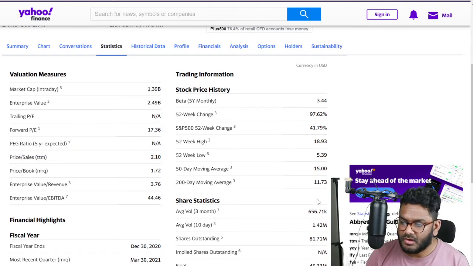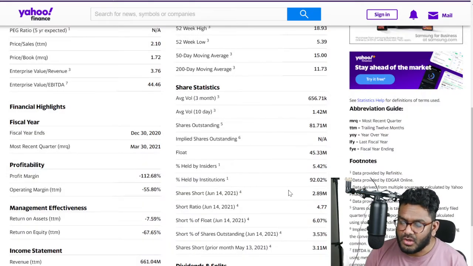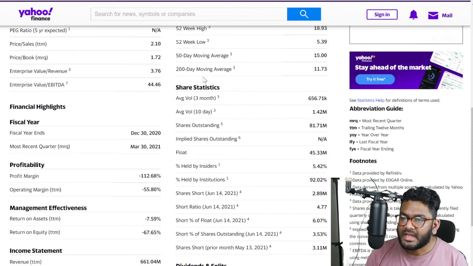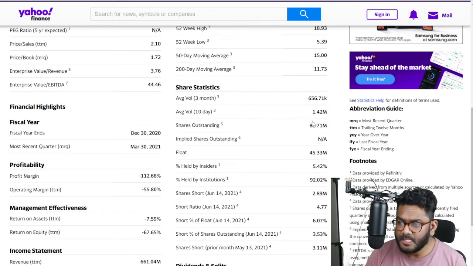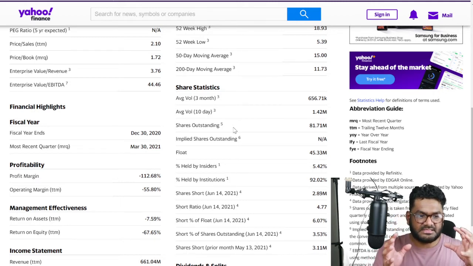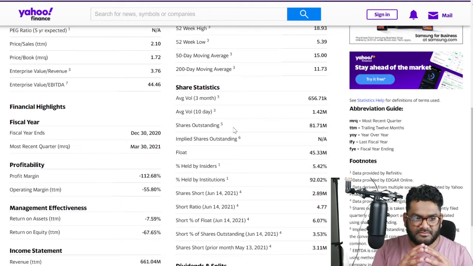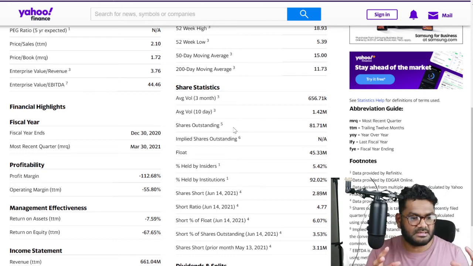Okay, all right. So now if you just come down, all you have to check here at this point is this area, guys. It's called share structure. This is very important for us, because it shows you how many shares there are. 81 million shares total outstanding, meaning the company has decided to divide the company into 80 million small pieces.